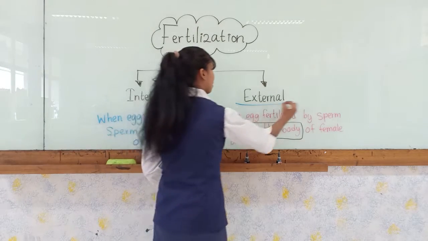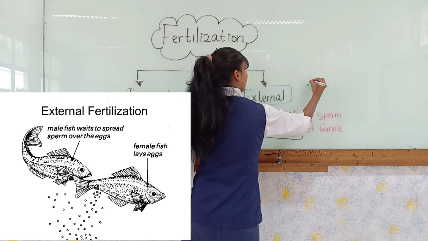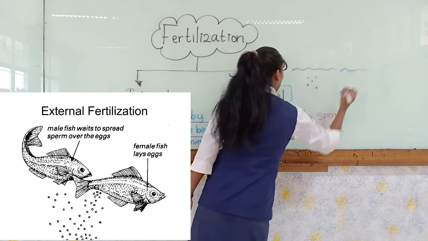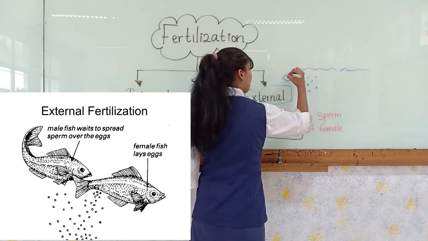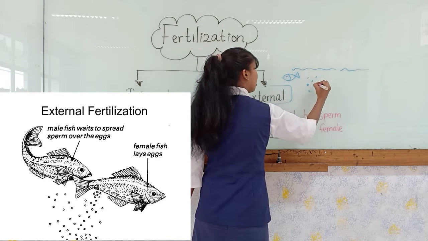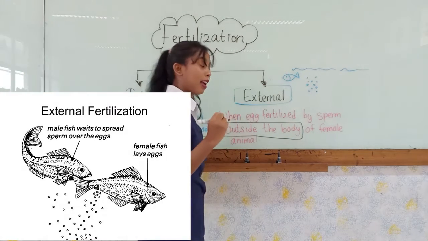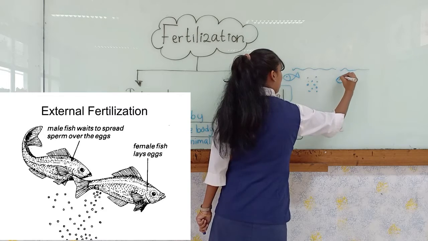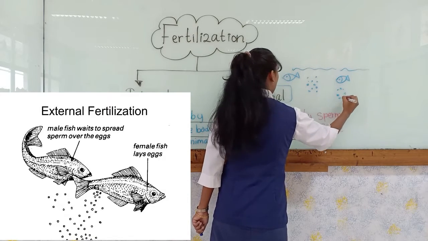External fertilization happens when the female releases the egg. Let's say this is a river and I draw the fish here. This female fish releases the egg cells, and the male fish also releases the sperm at that moment.